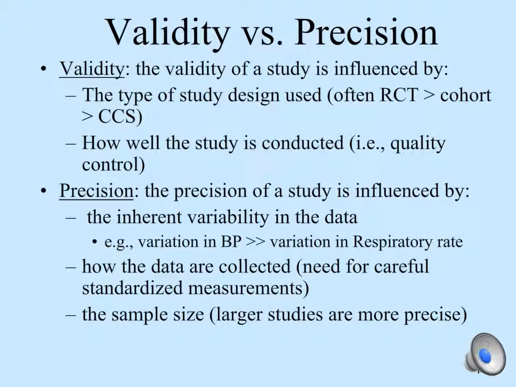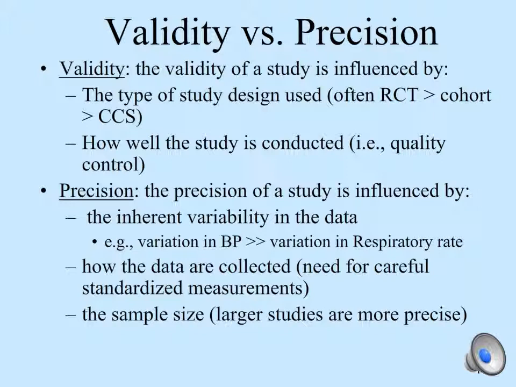So validity of a study is influenced by the type of study design used. Of course, the type of study design has to reflect the question being asked. Randomized controlled trials are not always desirable or possible, but in general, when we talk about treatments or preventive interventions, it's true to say that randomized controlled trials are often more valid than cohort studies, which are in themselves more valid than case control studies.